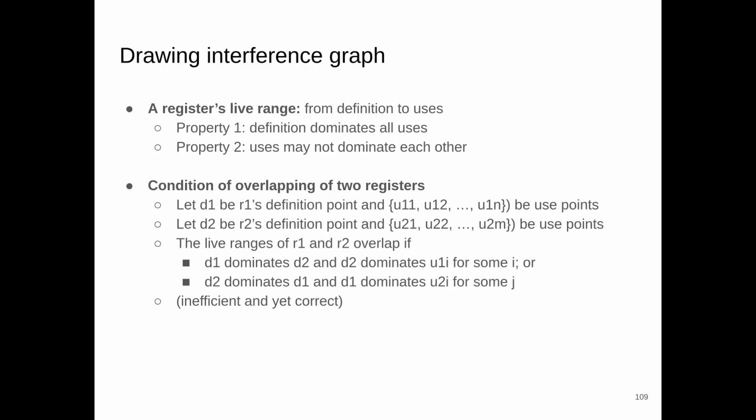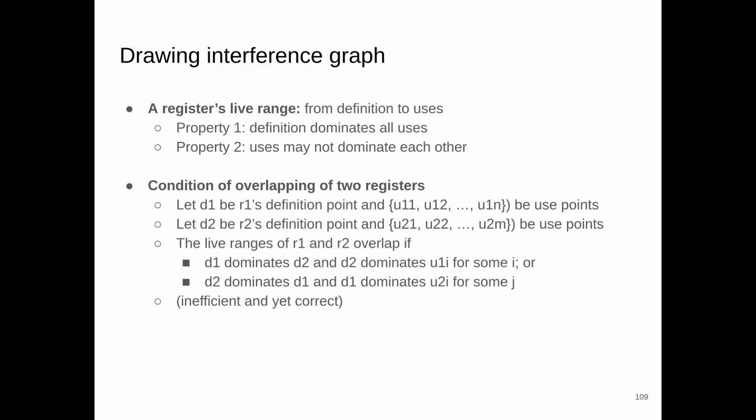And we have a second property, which is that a use may not dominate the other uses. So two uses may not dominate each other, and they can exist in parallel. As a result, we need to deal with a set of intervals instead of a single interval. So that is property 2. Okay, this is the register's live range.